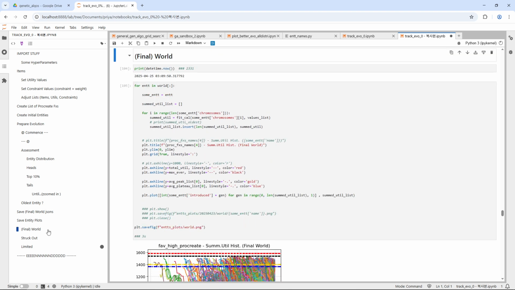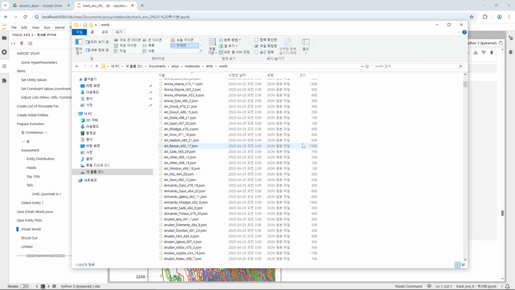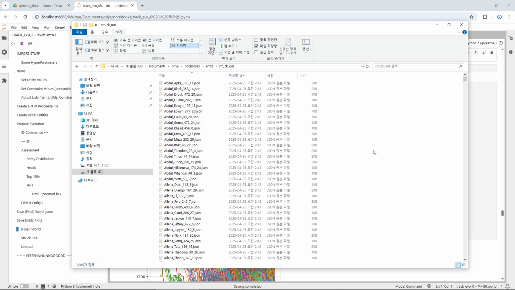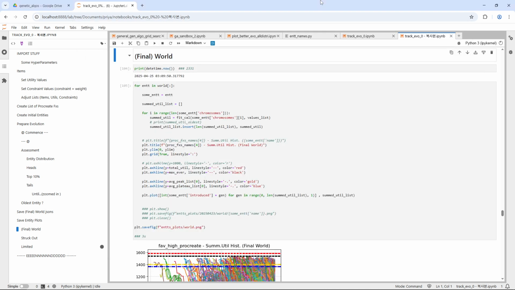So the notebook that was running in the background is still running, and here are the JSON files, all 1000 of them. Here are the struck out ones, all 2005 of them. And then here are the limited ones, 12,005. So let's see if it got it right.